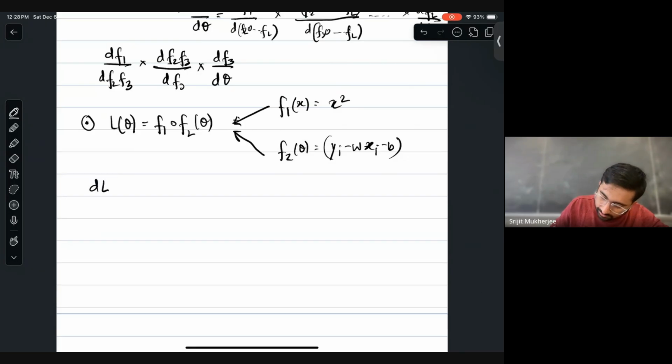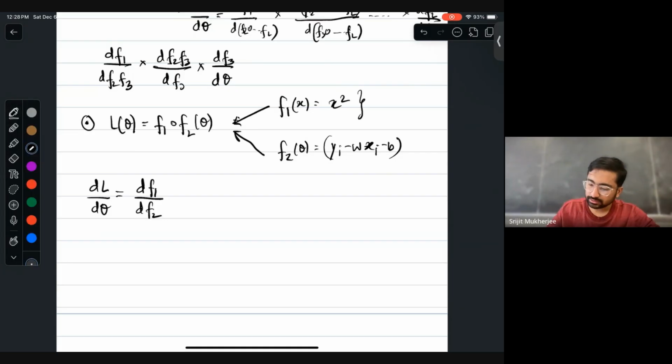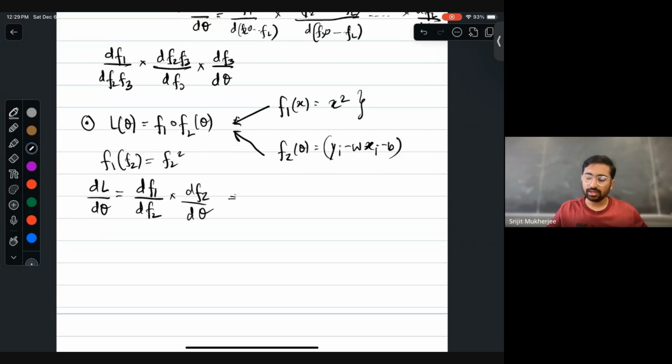So del L del theta will be df1 by df2. It means that f1 is a function of f2, so f1 of f2 is nothing but f2 squared. So df1 is 2 f2 times the derivative of f2 with respect to theta.